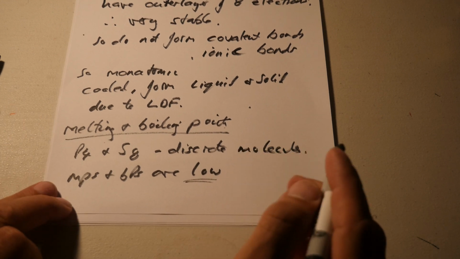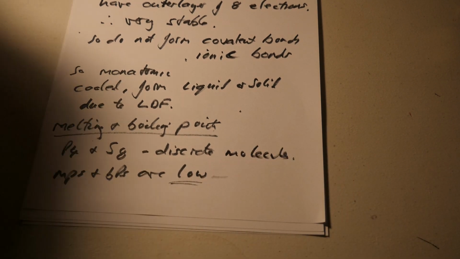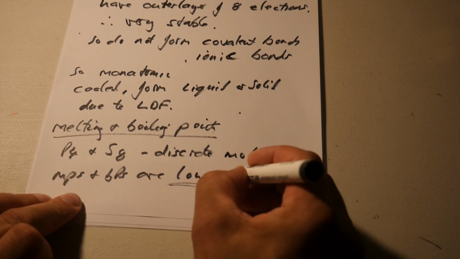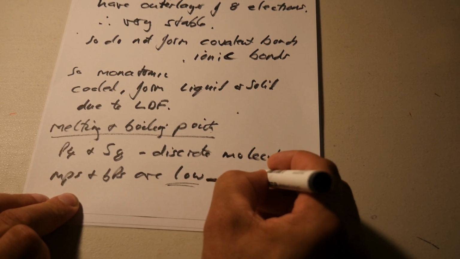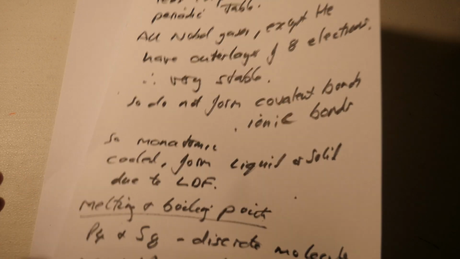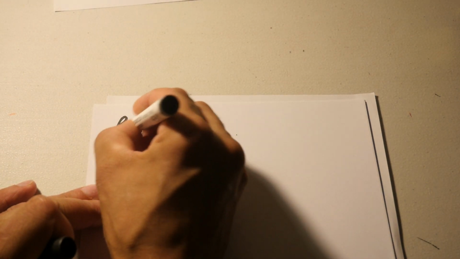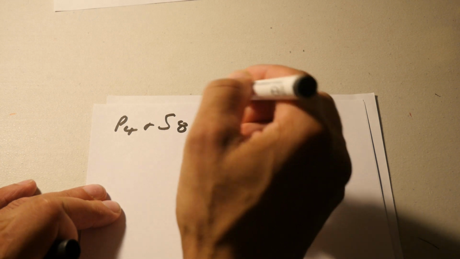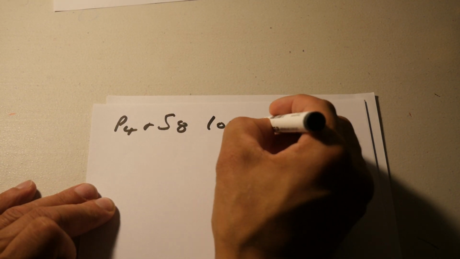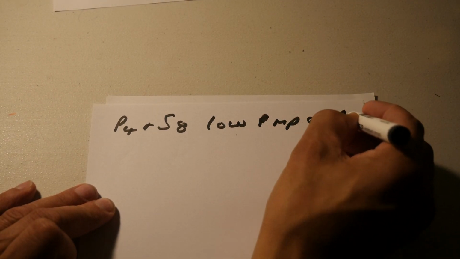They're low due to weak London dispersion forces. So phosphorus 4 and sulfur 8 have low melting points and boiling points.